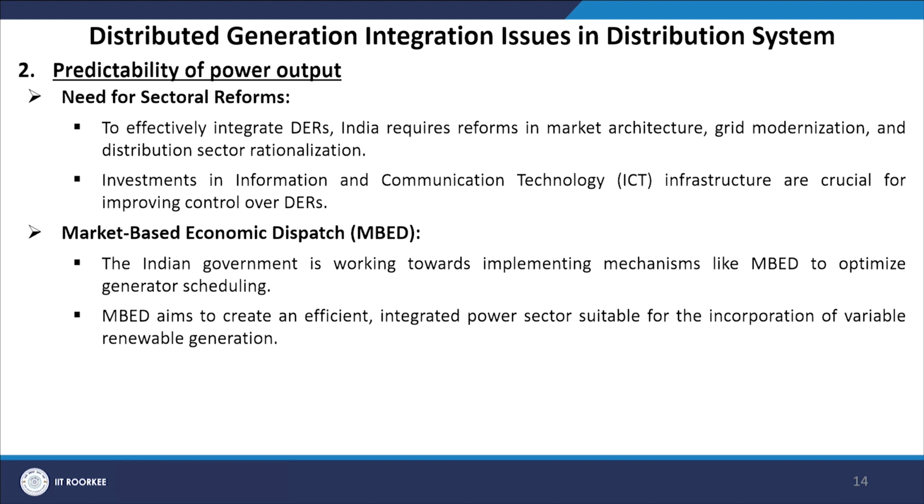Market based economic dispatch, which is a very important issue, the Indian government is working towards implementing mechanisms like MBED to optimize generator scheduling. MBED aims to create an efficient integrated power sector suitable for the incorporation of variable renewable generation.